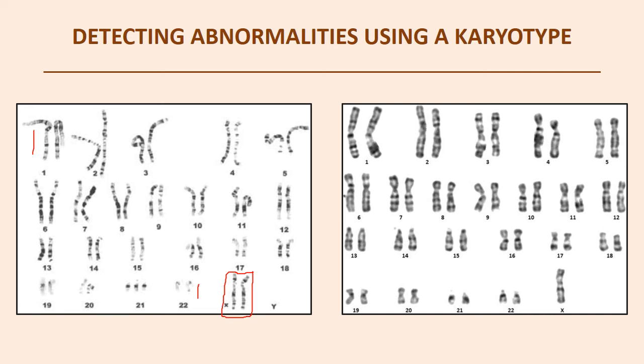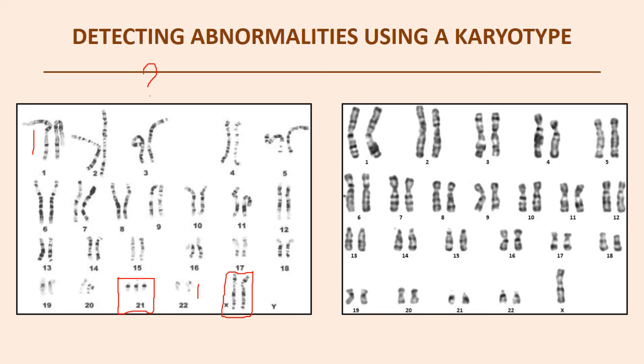Now, the abnormality in this karyotype, can you see it? It is right over here. If you take a look at chromosome 21, you're going to notice that instead of it being a diploid, it's actually a triploid. This is called trisomy 21, and this is what we see in a lot of patients that have Down syndrome.